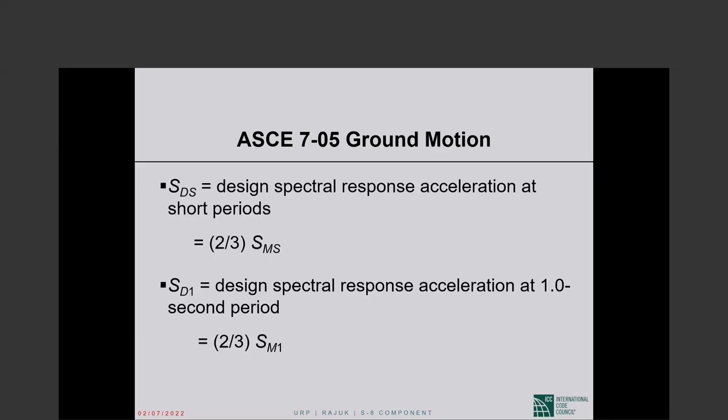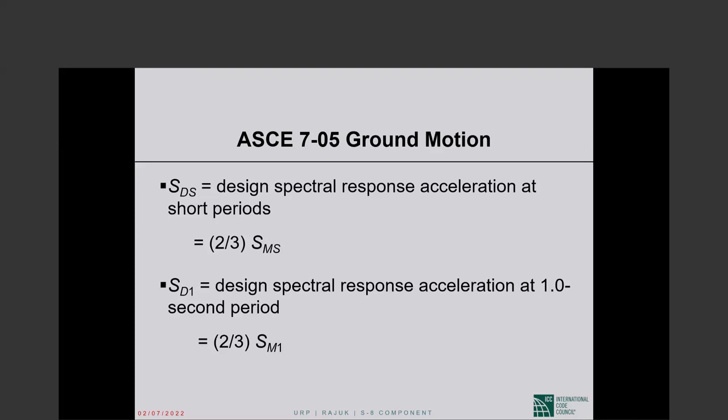So our design quantities are S sub DS and S sub D1. Why 2/3? 2/3 is the reciprocal of 1.5. 1.5 is 3/2. 2/3 is the reciprocal of that.